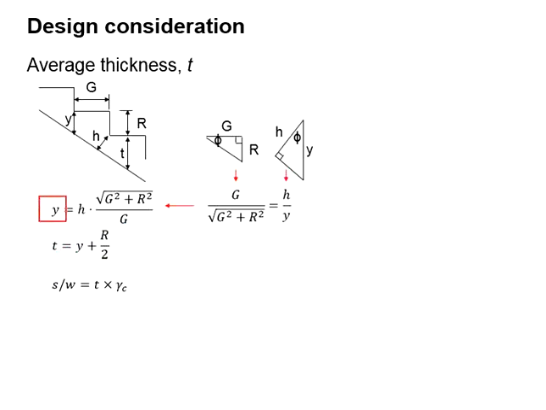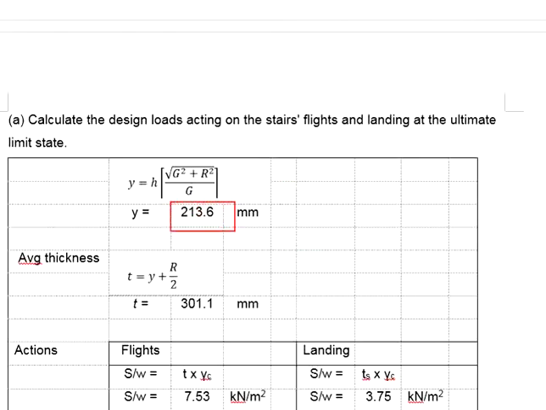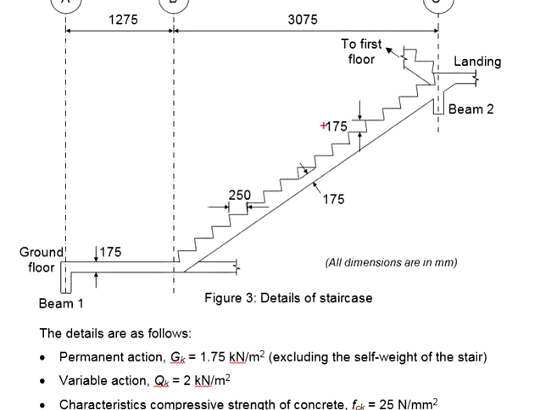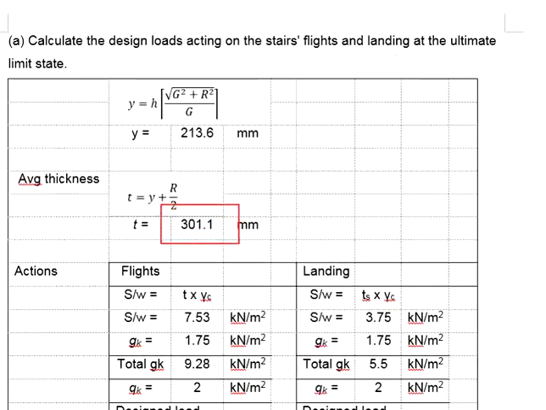It is equal to the y plus half height of the riser. The y is calculated 213.6 mm plus half height of the riser, 175 divided by 2. Now you have your average thickness 301.1 mm.